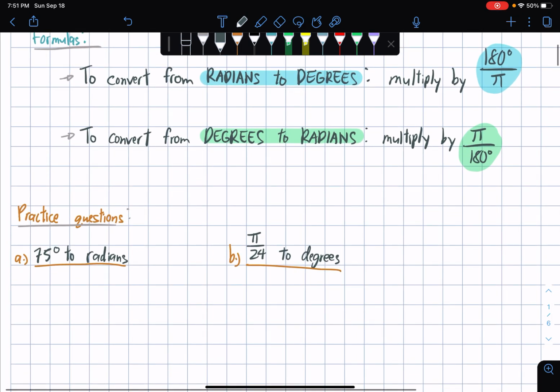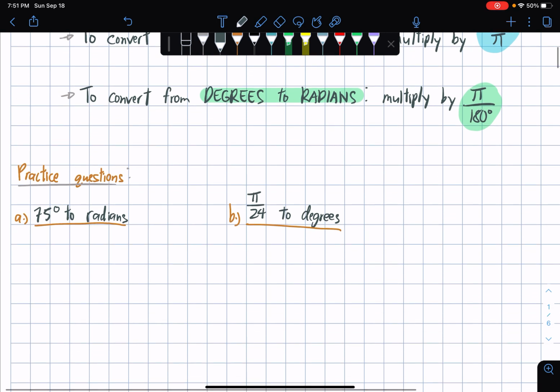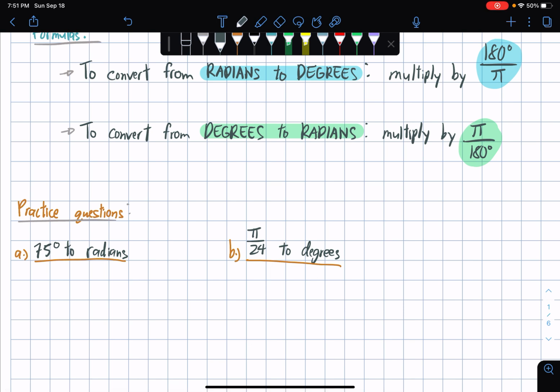So we have to convert 75 degrees to radians. From degrees to radians, we have to identify the current unit of the value, which is 75 in degrees. So we convert it to radians, so degrees to radians. What's the formula? It's this one.